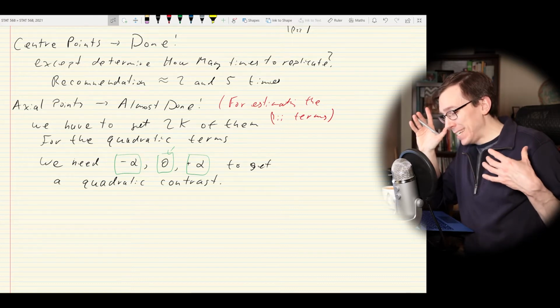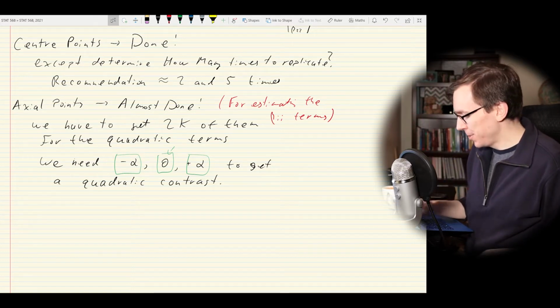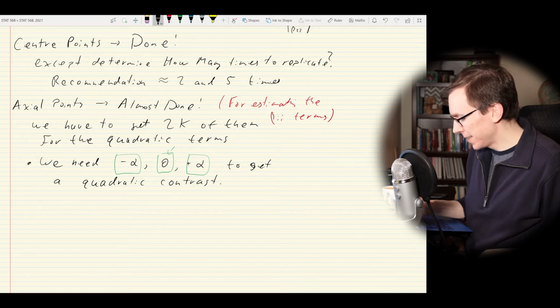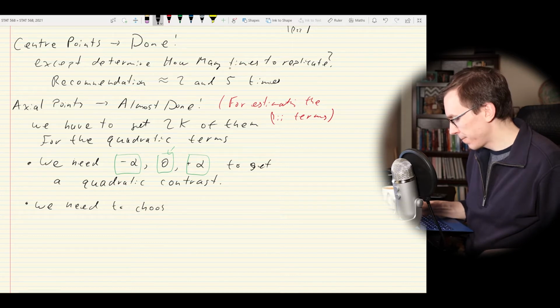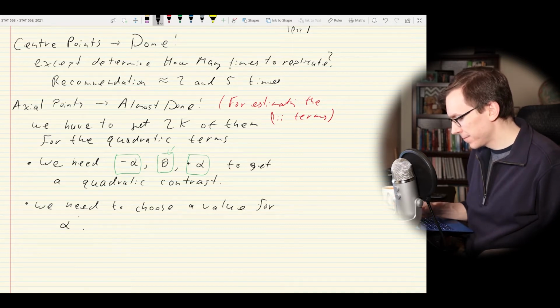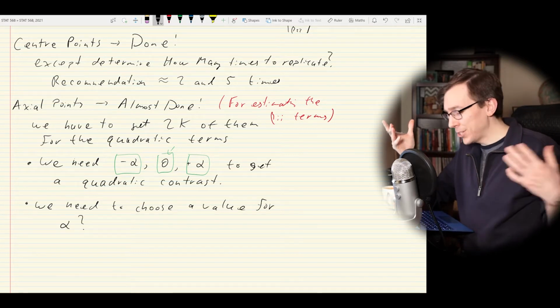Yes, so that's where we need these, and then we need to make one choice: we need to choose a value for alpha, right? So what should alpha be?